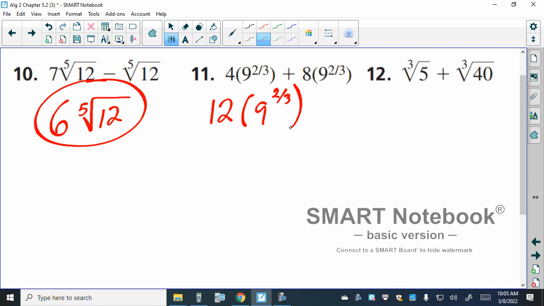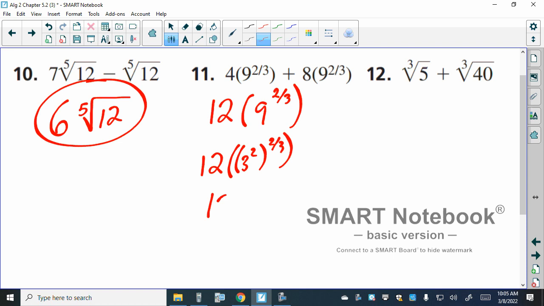Times 9 to the 2/3. And really, we would leave this one here. I mean, we could technically rewrite it, because 9 is 3 squared, so it'd be 3 squared to the 2/3.